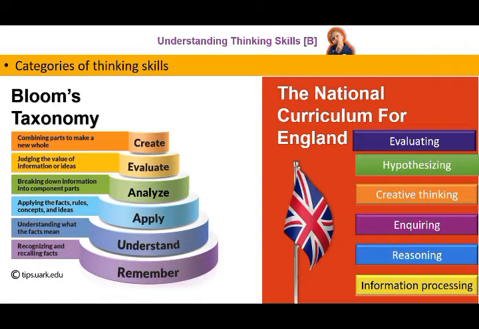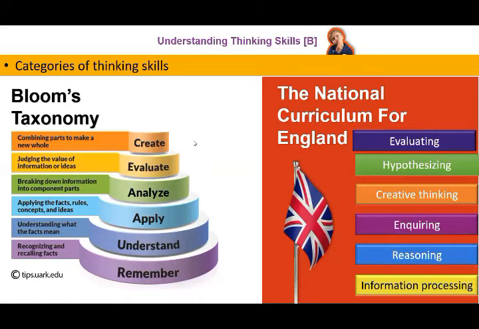It's also clear that evaluating in the English national curriculum is stated as the highest order thinking skill.